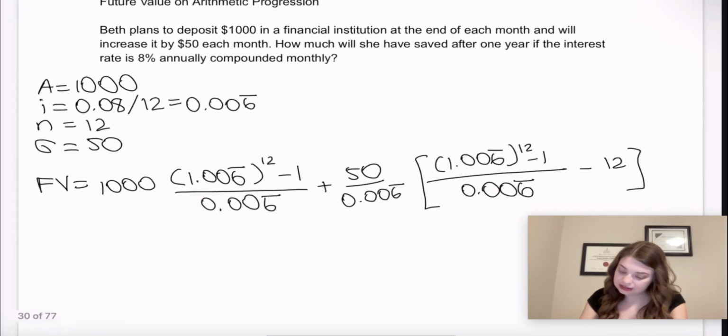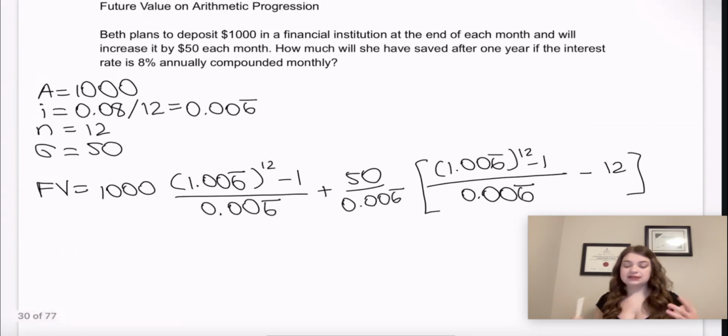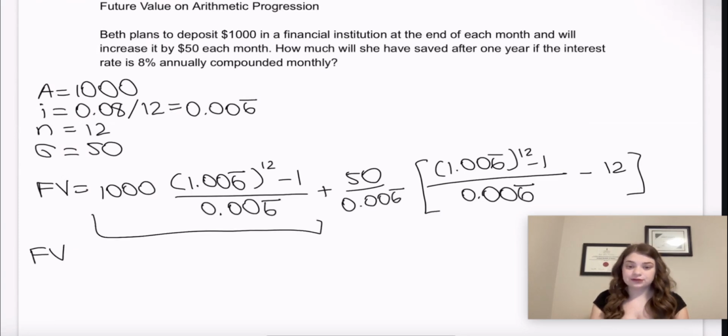All right, so next I need to figure all this out. I would strongly advise figuring out each part individually, and then we'll add them together at the very last step. So let's first talk about finding this entire first part using our calculator. I'm going to punch into my calculator 1.006 repeating, power of 12, equals, minus 1, equals, divided by 0.006 repeating, equals, times 1,000, equals.